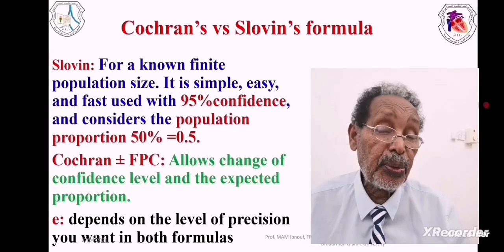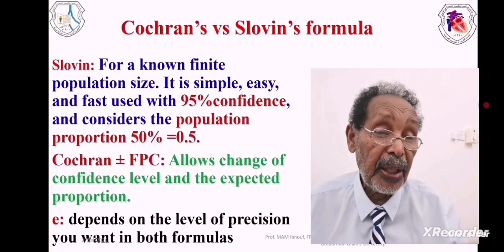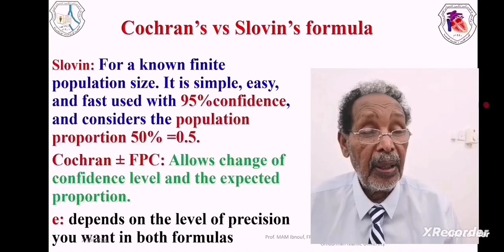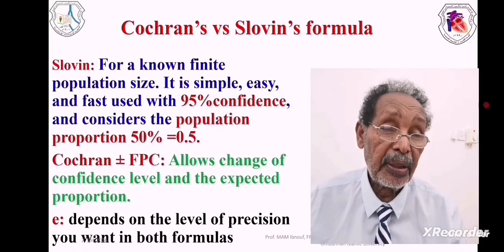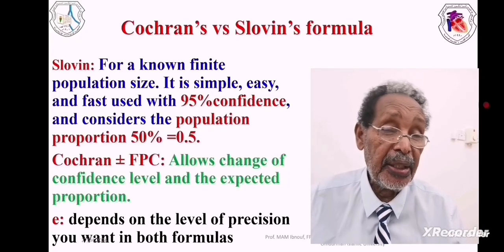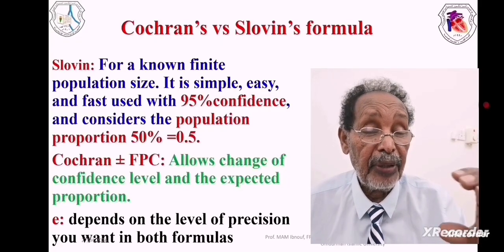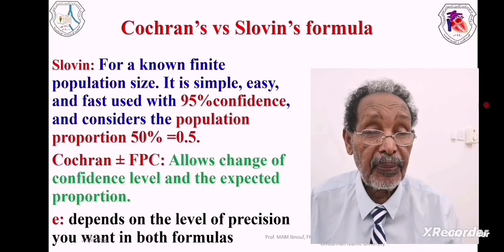And of course, in both formulas, you can also change the margin of error. That gives you precision. If you want a small one, you will get a bigger sample size. If you want 5%, you will get a relatively small sample size.